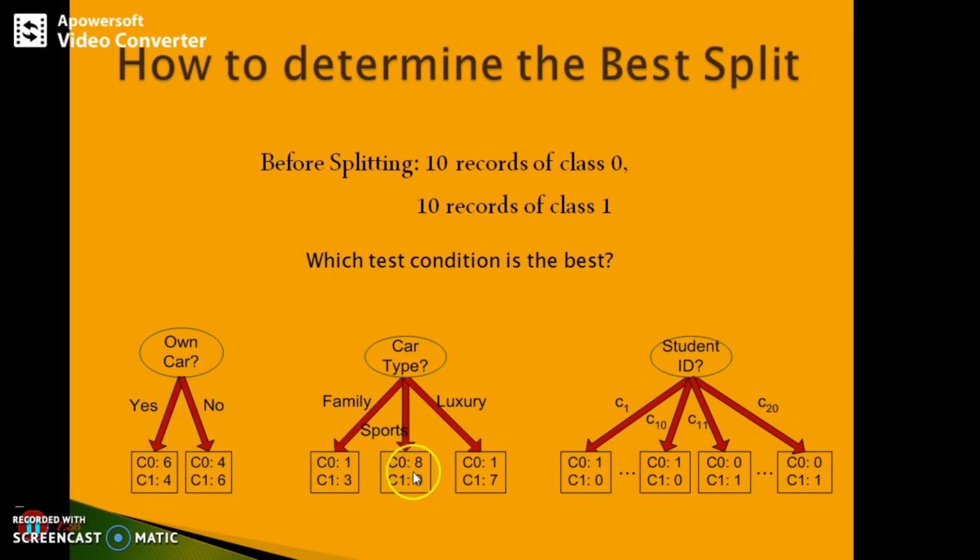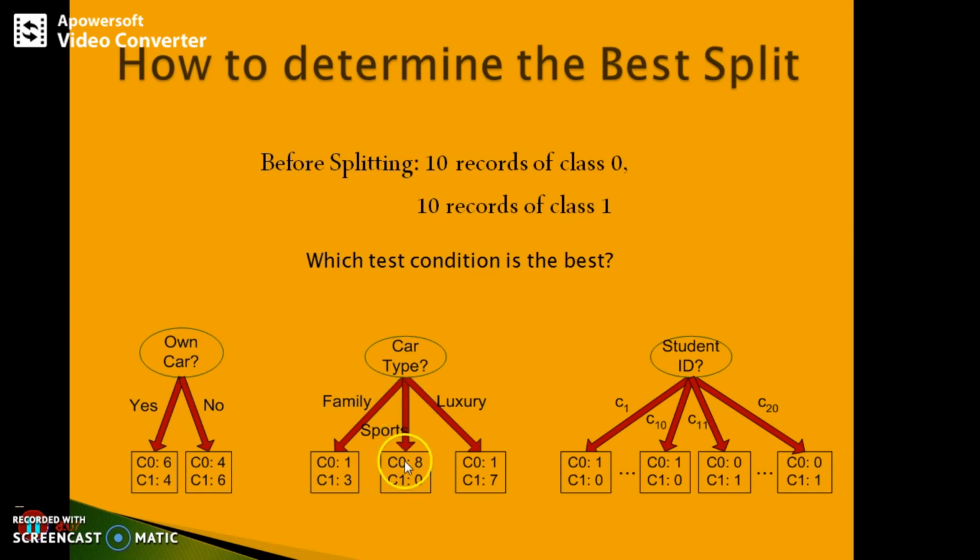And next, you can see sports car. All 8 records whose value is sports belong to class C0. That means where the car type value is sports, all belong to class C0. There are no records which belong to the other class. So this becomes the best classification.